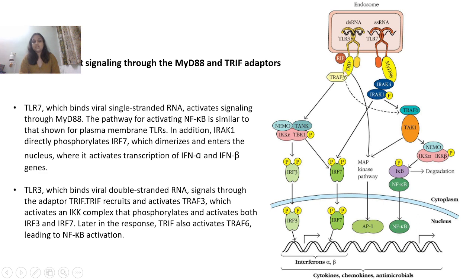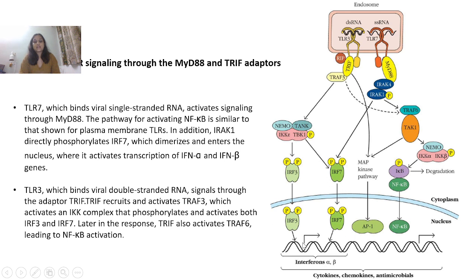Then it signals through TRIF, this adapter, and TRIF recruits TRAF3. Here you can see TRAF3, which activates the IKK complex. That phosphorylates and activates both IRF3 as well as IRF7. After that, IRF3 as well as IRF7 go to the nucleus and induce transcription.